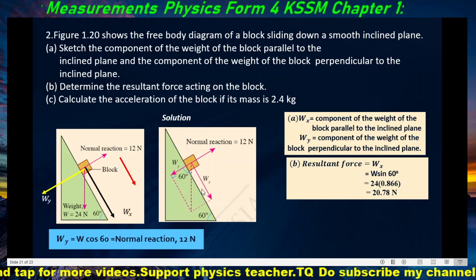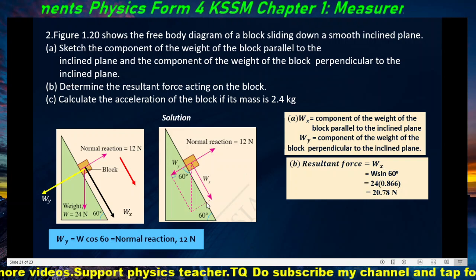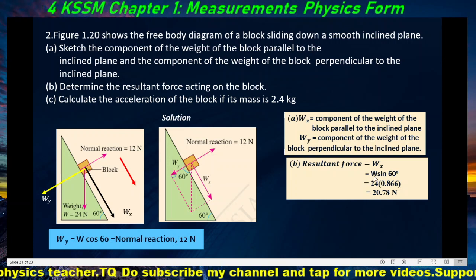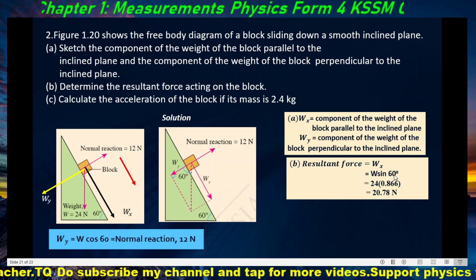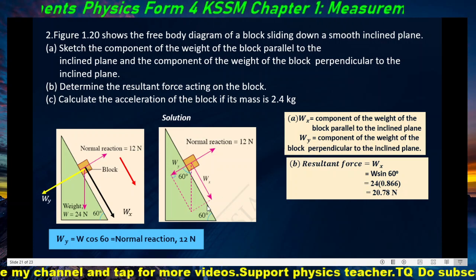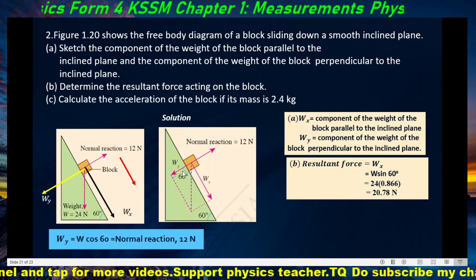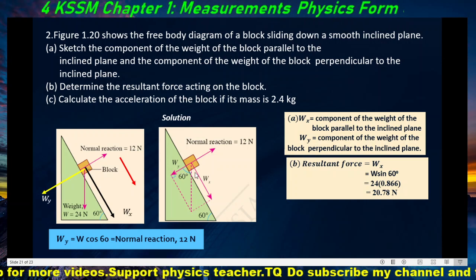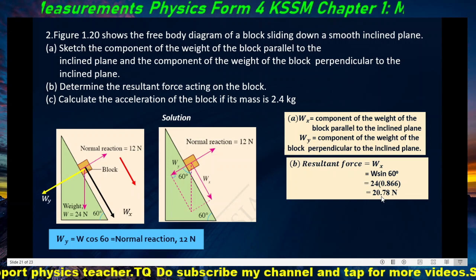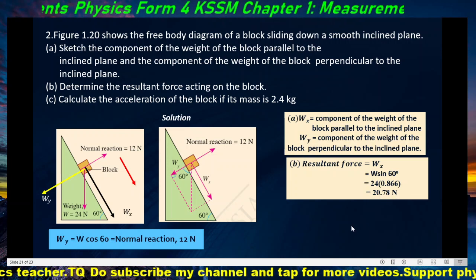How to find Wx? We have discussed before, Wx can be determined by using W sine theta. Angle of inclination here is 60, meaning here also is 60. So W sine 60, then we get 20.78 Newton.